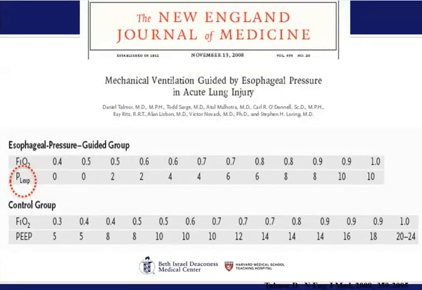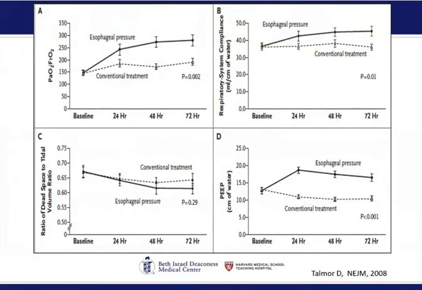And Laurent mentioned this study in the New England Journal where we randomized patients to either ARDSnet ventilation or to maintaining the transpulmonary pressure positive at end expiration. This study led to an improvement in some measures of the patient's mechanics. So the P to F ratio improved, the respiratory system compliance improved, the PEEP was much higher.